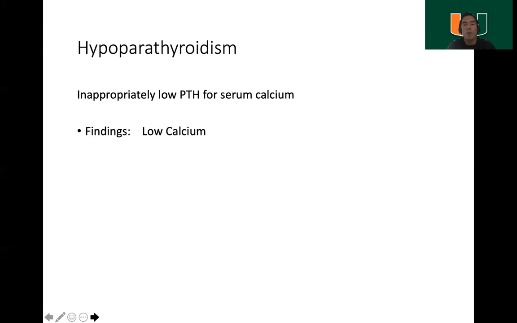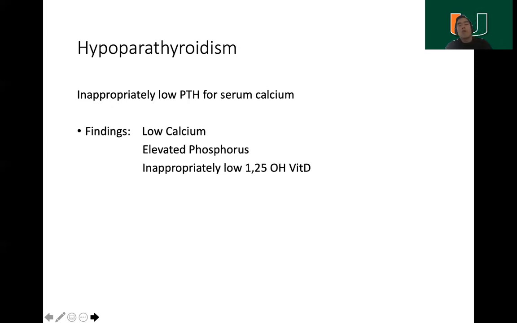So when you have hypocalcemia, PTH level should be elevated, right? So in hypoparathyroidism, when you have a low calcium, you also have elevated phosphorus, right? Remember, because you don't have the phosphaturic effect of parathyroid. So you could see elevated phosphorus, right? You can also see a very inappropriately low 1,25 dihydroxyvitamin D.